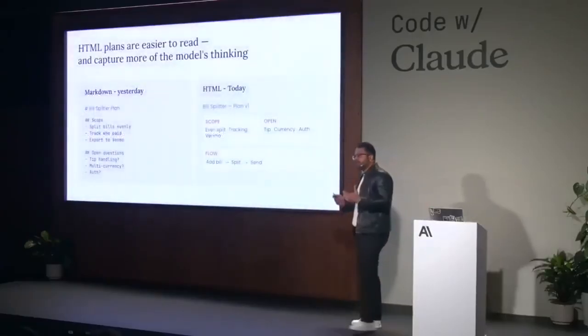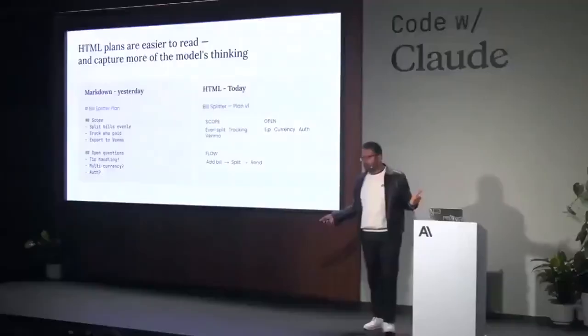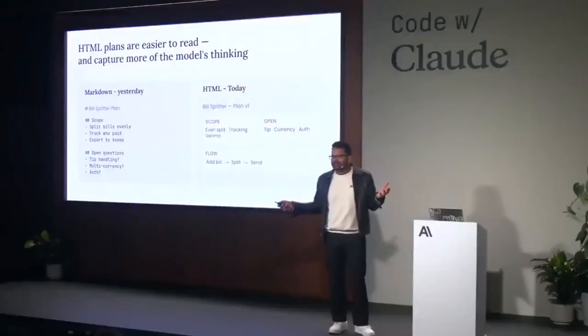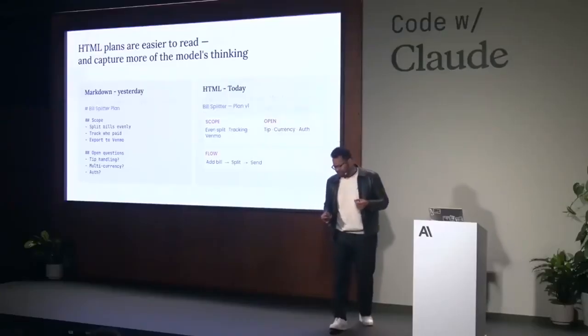Well, an HTML file is much more information dense, much more ergonomic for you to understand what the thing is going to look like. You can even use a screenshot with it. You could use the Playwright MCP later on for that as well. You can interact with it much more richly than you could with a very long Markdown file. And especially if the Markdown files get more than about 200 lines long, it's unlikely you're going to read them, and certainly unlikely that your colleagues are going to read them.